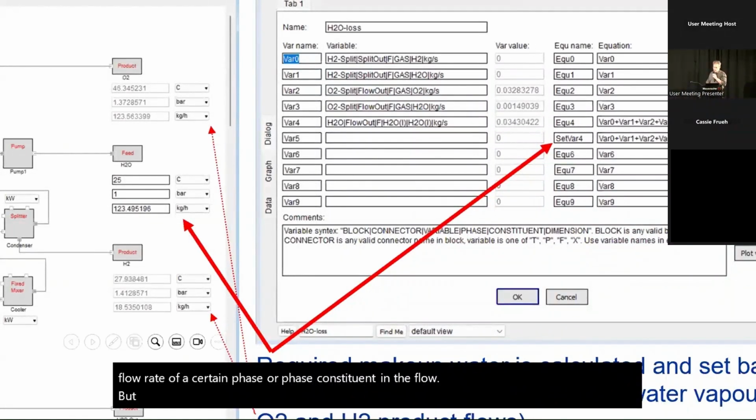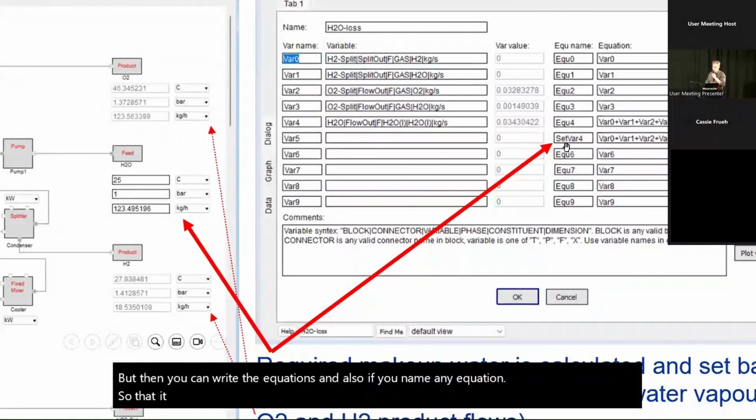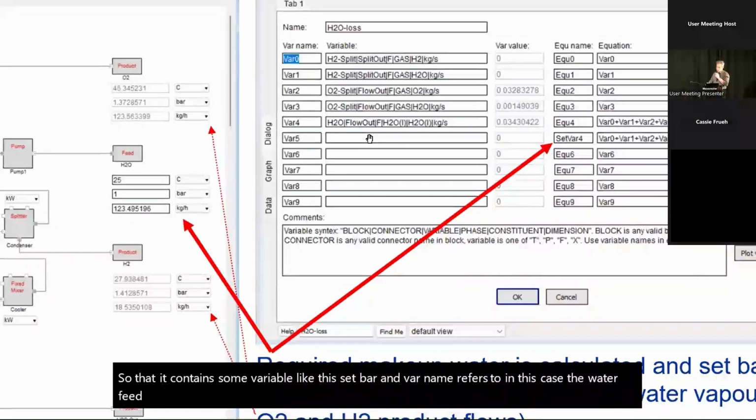But then you can write the equations, and also if you name any equation so that it contains some variable like this set var, and the var name refers to, in this case, the water feed block. So you can actually use this kind of equation to override the value in your feed block.